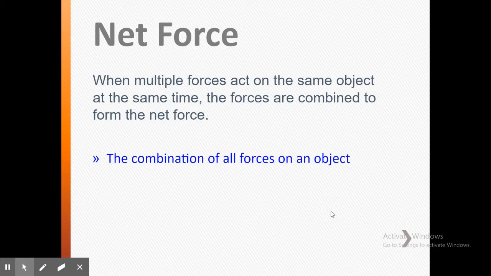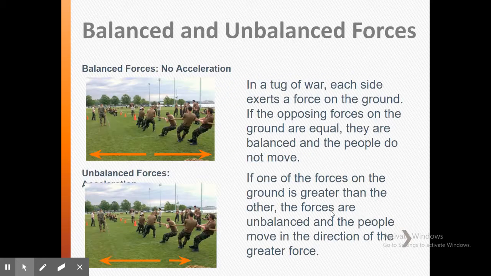So right there, we have two forces that are balanced out to zero net force, mainly because I'm not falling. So basically, the net force is a combination of all forces on an object. Sometimes it's zero, sometimes it's not zero. With that said, let's see what that actually means.